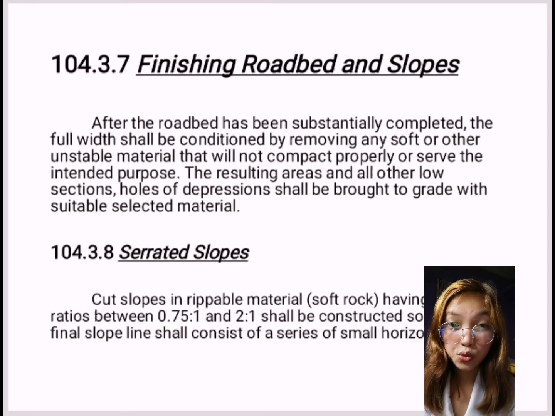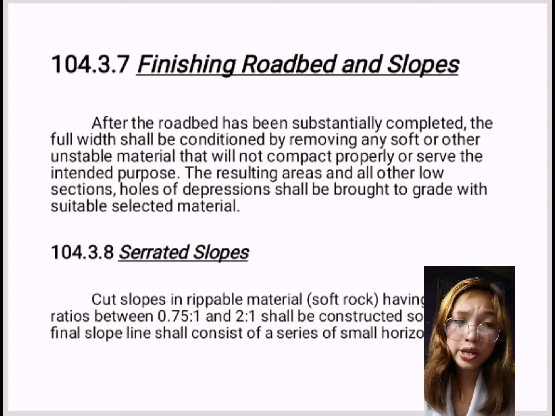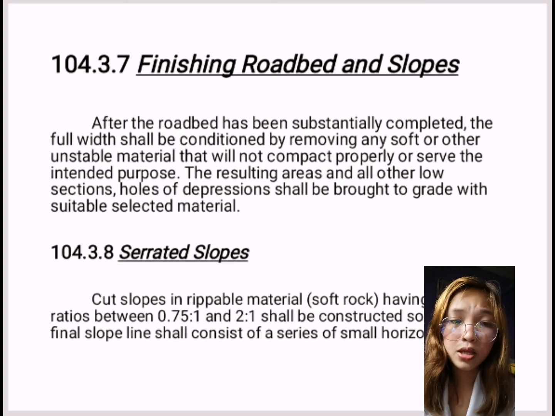So, let's proceed to item 104.3.7, which is the finishing roadbed and slope. So, after the roadbed has been substantially completed, the full width shall be conditioned by removing any soft or other unstable material that will not compact properly or serve the intended purpose.